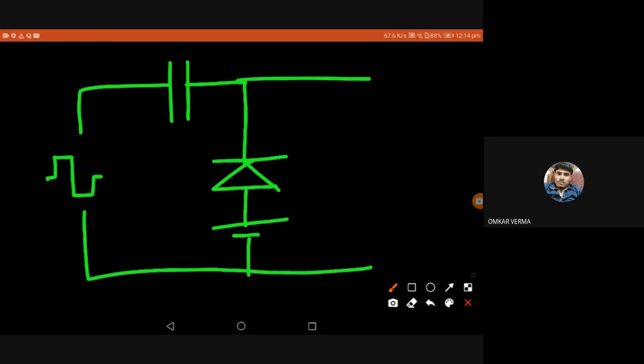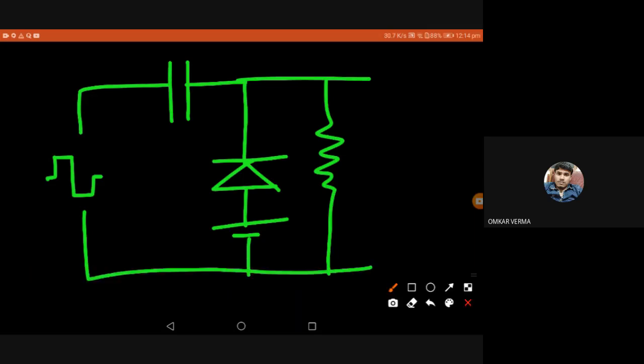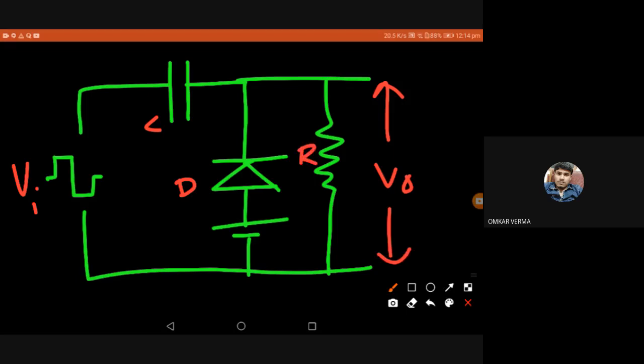Parallelly I keep a resistance so that I get an output here. So this is V input, capacitor, the diode, and V output across resistance. This is R, and this is VB, the bias voltage. VB: this is plus, this is minus. Okay. So what is the difference in this circuit compared to the previous circuit?